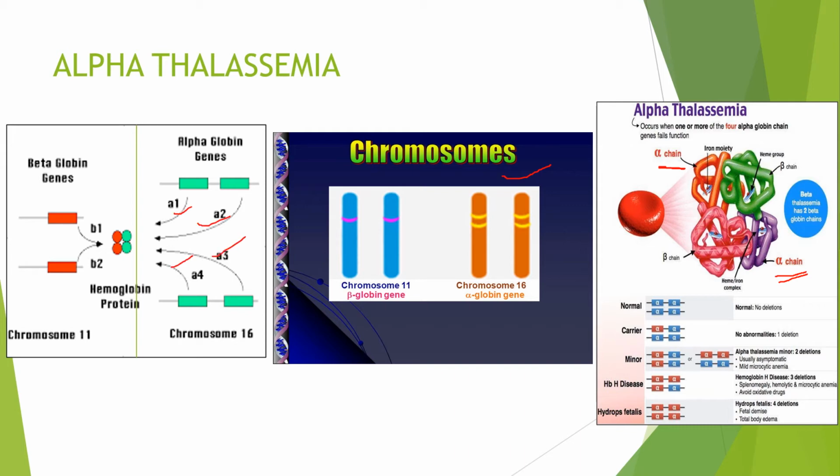The two genes are HbA1, hemoglobin A1, and HbA2. These two genes are responsible for the synthesis of alpha chain. They are present on chromosomal pair 16, and they occur in four allelic forms.